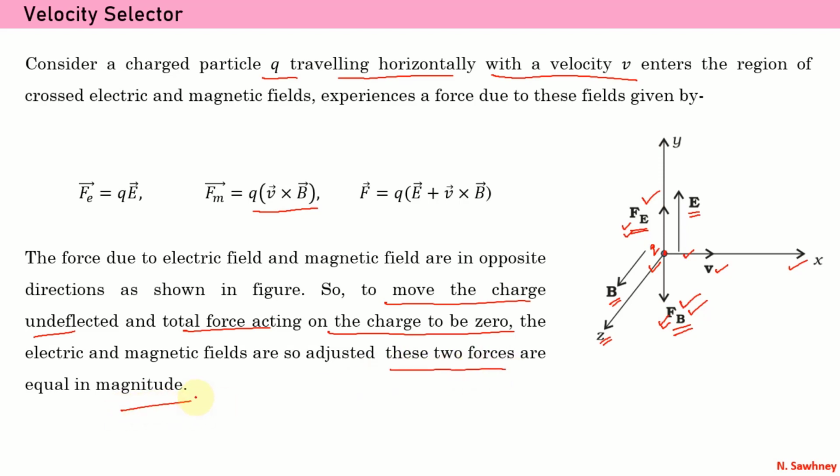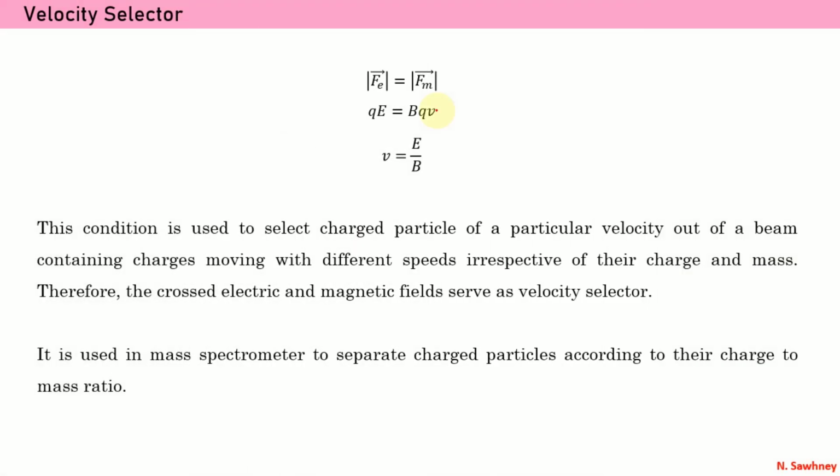Let us equate the two forces, that is, the electric force QE and the magnetic force QV cross B. As it is perpendicular, it will come out to be the maximum magnetic force, that is BQV. Now from here the velocity is obtained as E upon B.